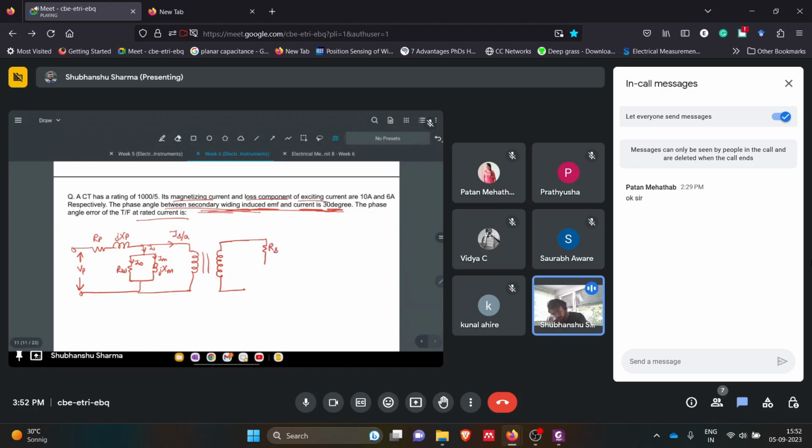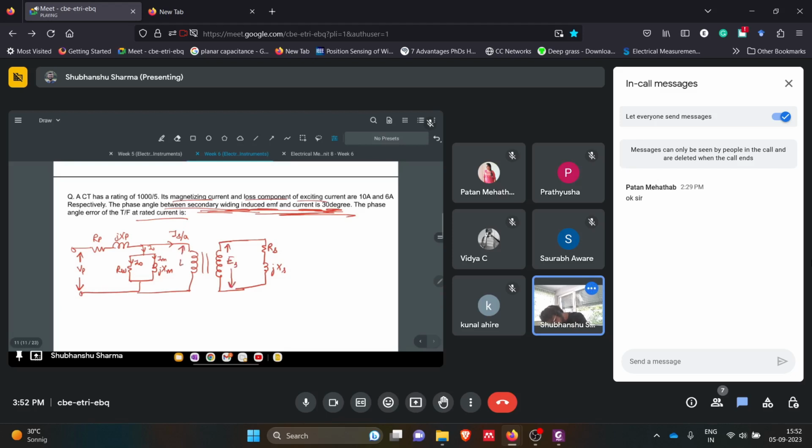So let's say this was not the ideal secondary side of that current transformer. There is some inductive part also. Because of that, there is some angle between the secondary side current and the secondary side voltage. It will be clear for you in a while. So this is, let's say, ES that is being induced here, the secondary side voltage.